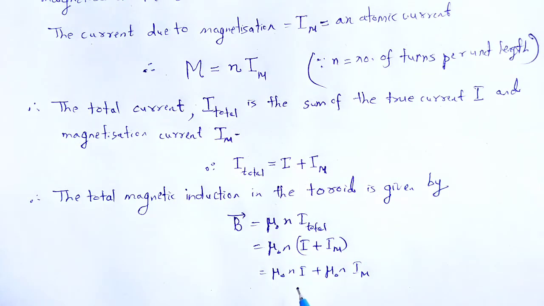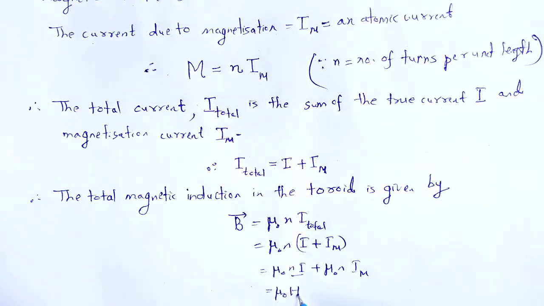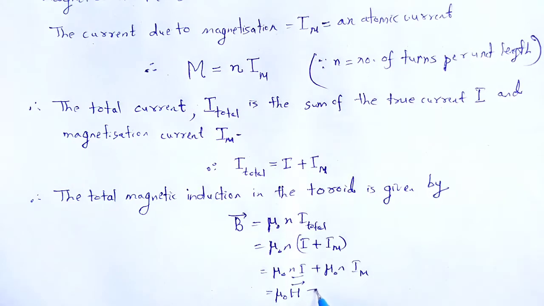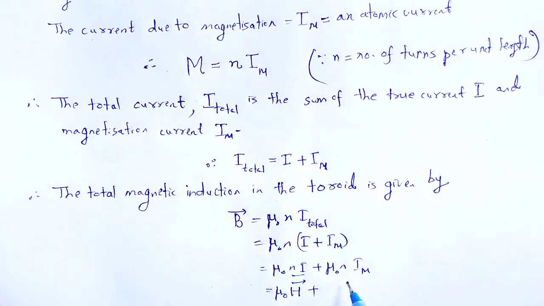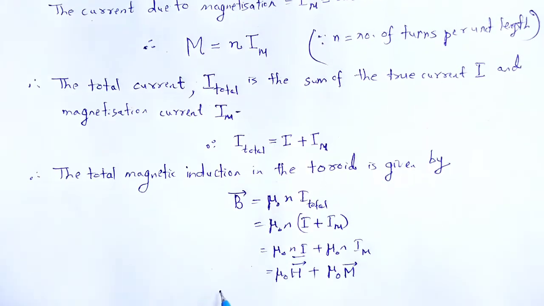Here n into I is equal to H, plus n into Im, that is M, the magnetization vector.